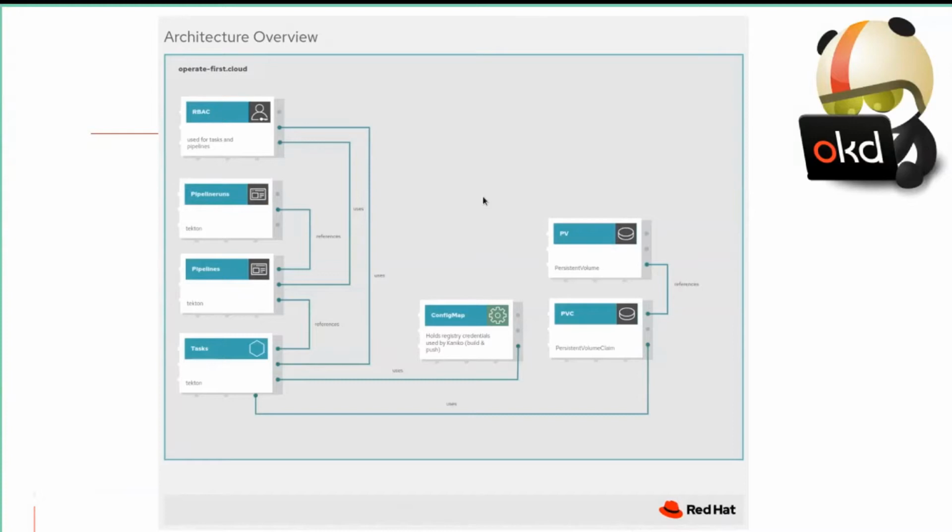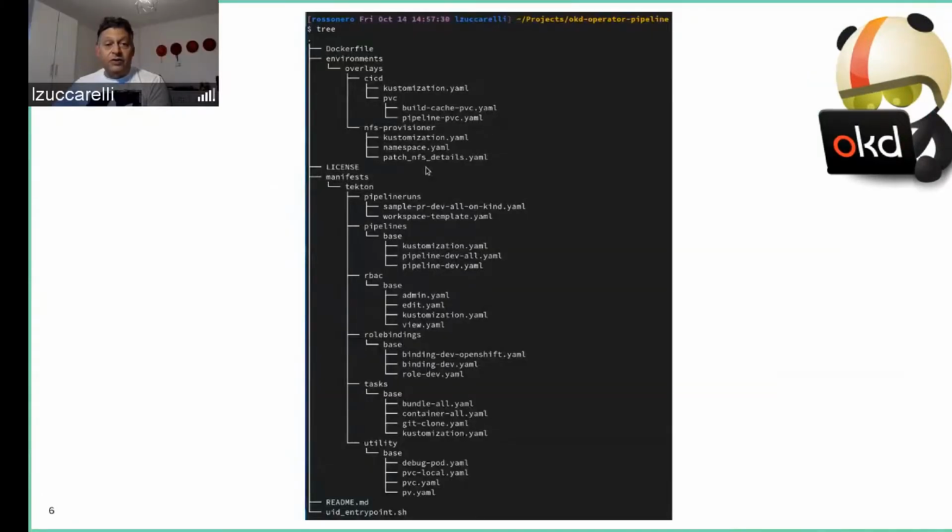It builds and pushes the images. And then obviously we have our PV, persistent volume, and persistent volume claims. And then obviously all the necessary RBAC, role-based access controls, permissions for the tasks. So that's the actual architecture and overview.